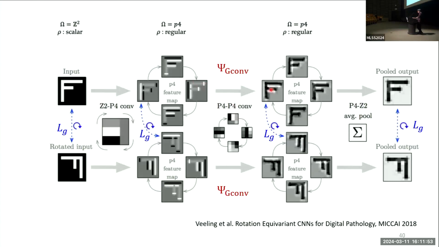Okay, so the group convolution I explained in the last slide may be applied here also, but here it is also a function of the group to a function of the group. And actually, as I explain in the next slide, the group translation commutes with the mapping of the group convolutional layer.